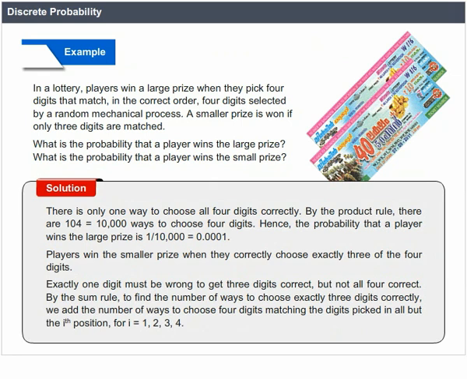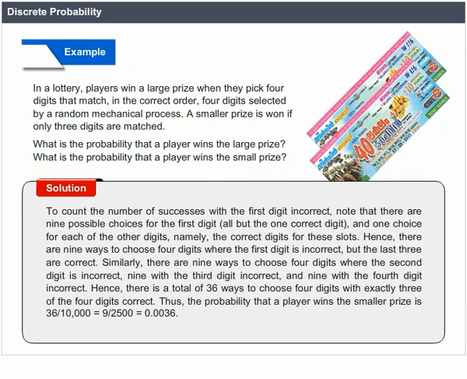To count the number of successes with the first digit incorrect, note that there are 9 possible choices for the first digit, all but the one correct digit, and one choice for each of the other digits, namely the correct digits for these slots. Hence, there are 9 ways to choose 4 digits where the first digit is incorrect but the last 3 are correct. Similarly, there are 9 ways to choose 4 digits where the second digit is incorrect, 9 with the third digit incorrect, and 9 with the fourth digit incorrect. Hence, there is a total of 36 ways to choose 4 digits with exactly 3 of the 4 digits correct.